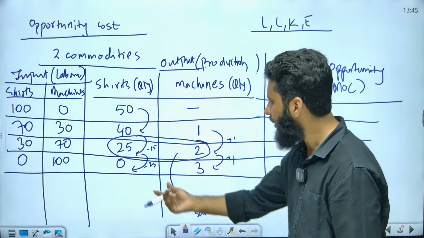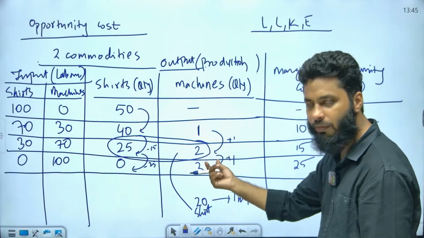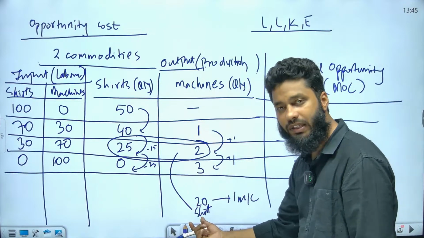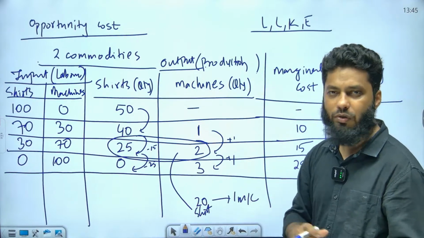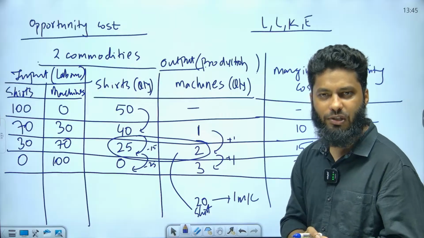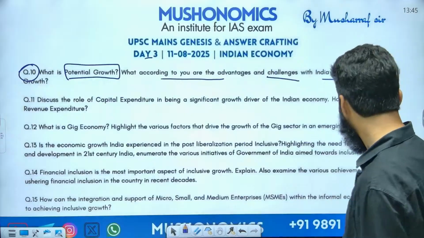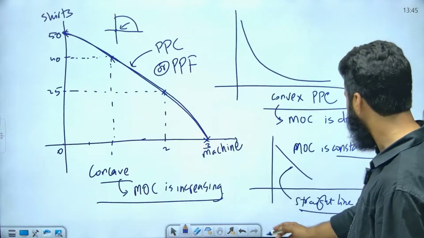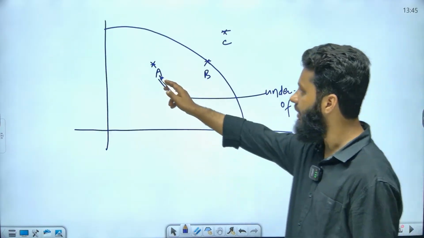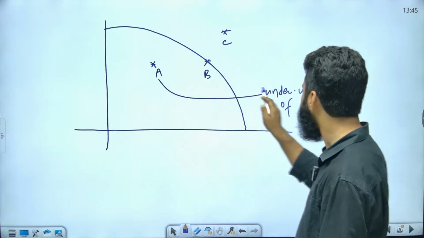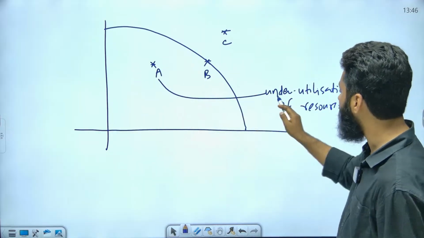No, because you can produce 25 shirts with two machines. Now you are producing 20 shirts with only one machine. So this is not optimum utilization of resources, rather it is underutilization of resources, and this point will fall inside the PPC.